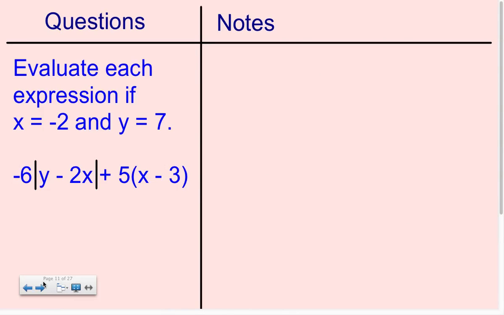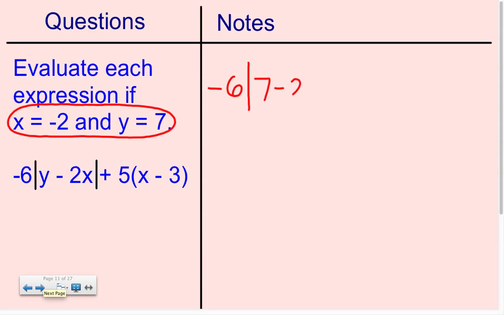All right, this time we just have two variables we have to replace, x and y. This one's a little bit longer though. So negative 6, our y is 7, minus 2 times x, which is negative 2, plus 5 parenthesis, negative 2 minus 3.